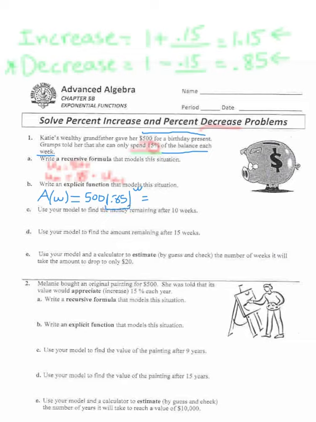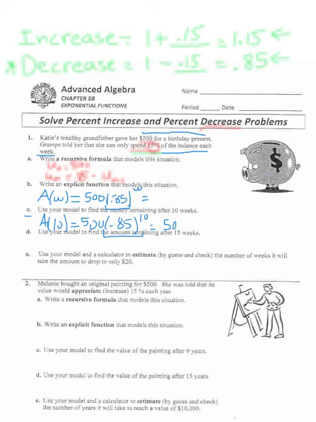For letter C, use your model to find the money remaining after 10 weeks. For W, we're going to input 10. Again, you do this part first.